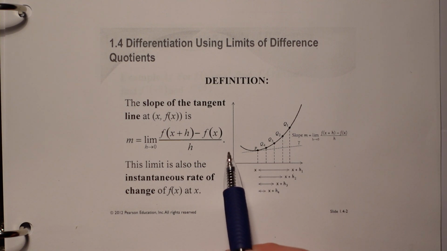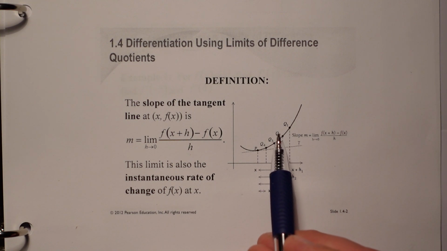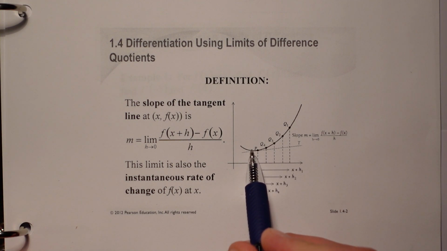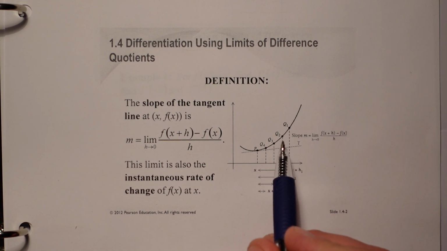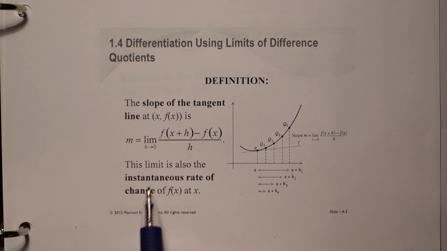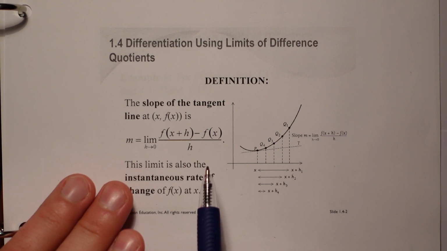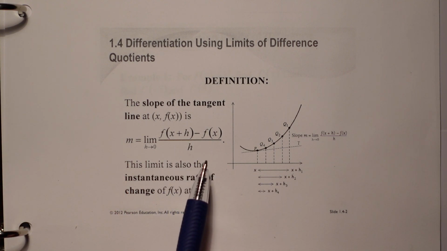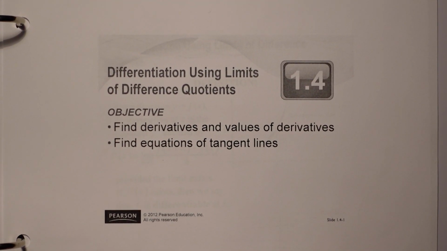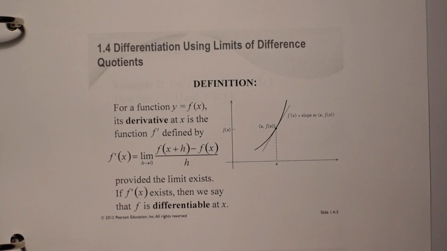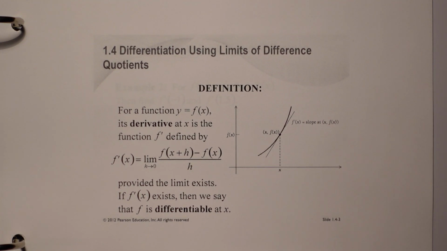So notice when you look at the original curved function, its slope is going to be different depending on where exactly this point is located. So we're going to use this difference quotient, take the limit as h goes to 0, and that's giving us the slope of the function at that point. Also, it gives you the slope of that tangent line.